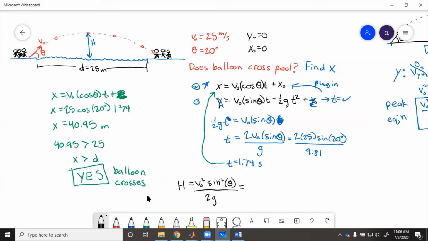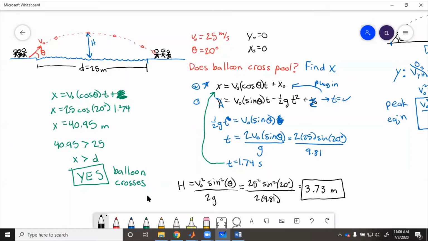So if we plug numbers into here, then we get 25 squared sine squared of 20 degrees over 2 times 9.81. That equals 3.73 meters. Max height that it reaches on its flight.